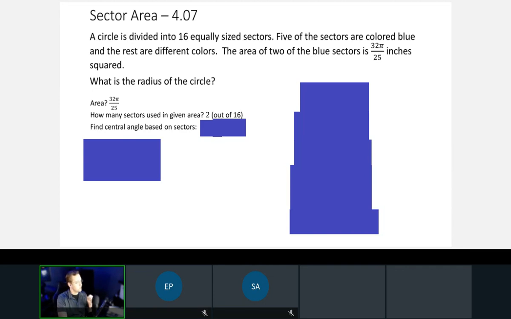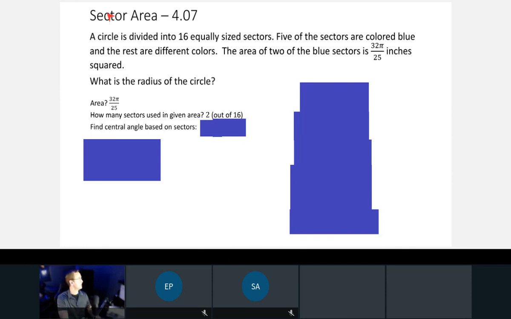We want the angle of those 2 sectors, because the area is based off of just those 2 sectors. Does that make sense so far? All right, makes sense this time around.